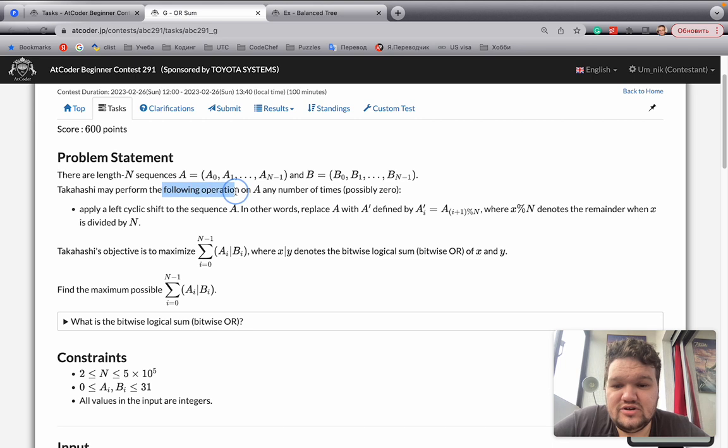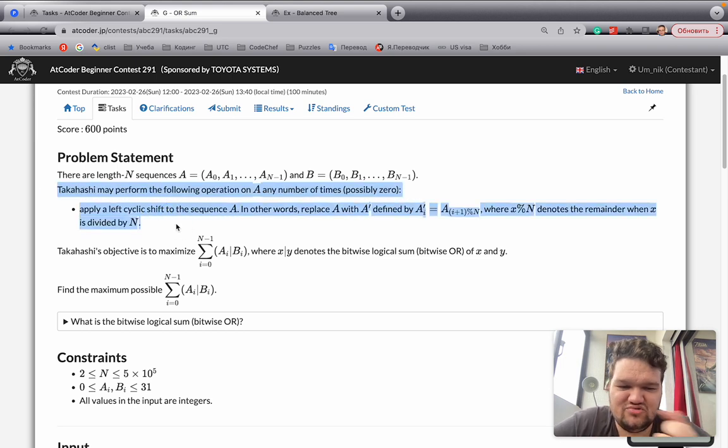Perform the following operation on A any number of times, possibly 0. Apply a left cyclic shift by 1. Okay, so that just means that we choose a shift.